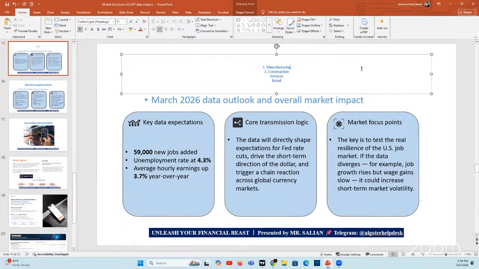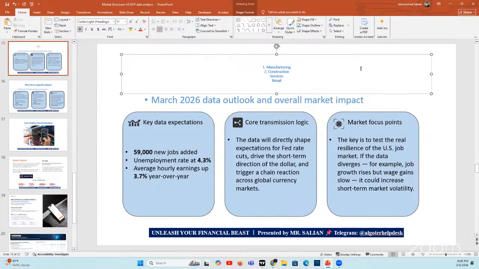So these are the jobs which are included there. It's released on the first Friday of every month.